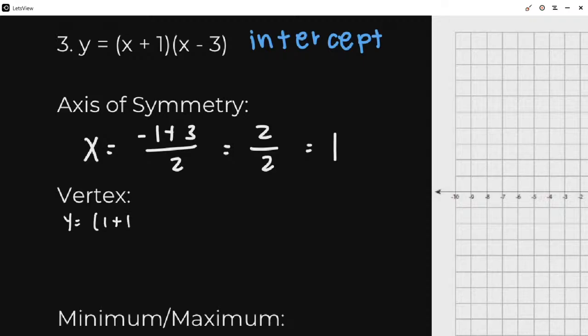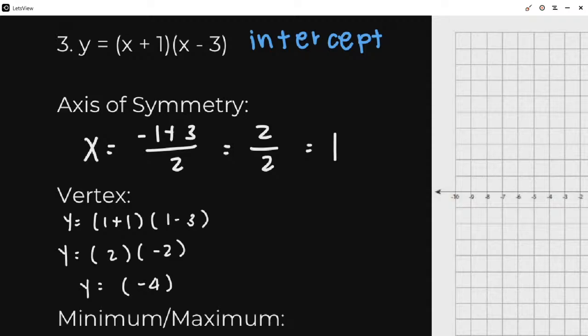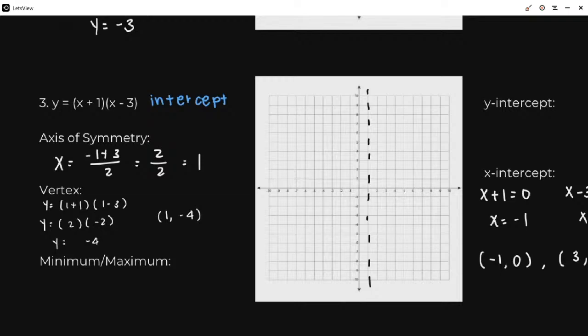So that'll be 1 plus 1 times 1 minus 3. That's 2 times negative 2. And we get y equals negative 4. So then that means for the vertex, that would be the point 1, negative 4. So 1, negative 4 is here.